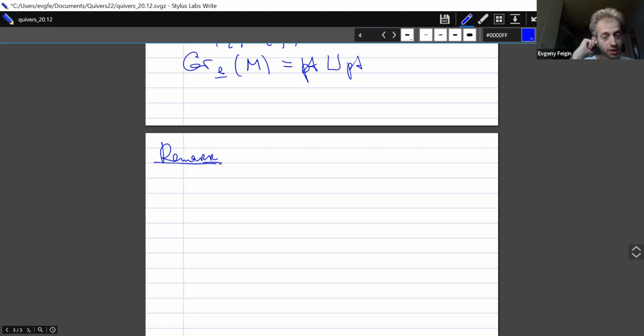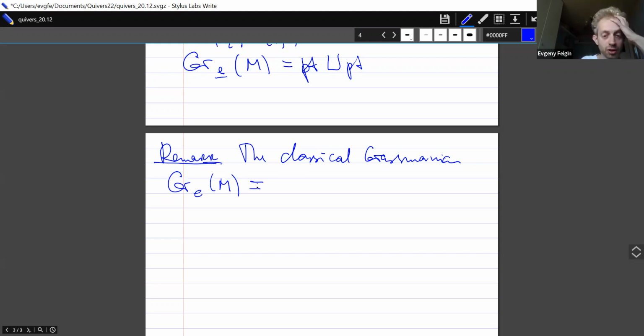the Grassmannian, you remember the usual Grassmannian Gr_e(M), can be realized as the quotient of the space of injective linear maps from K^e to M, modulo GL_e. These should be embeddings.